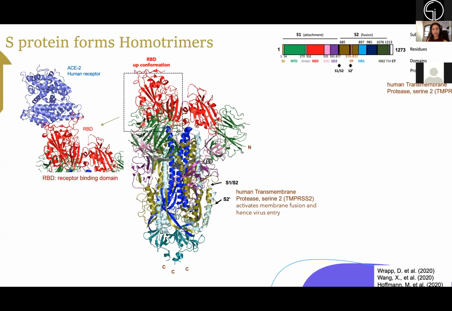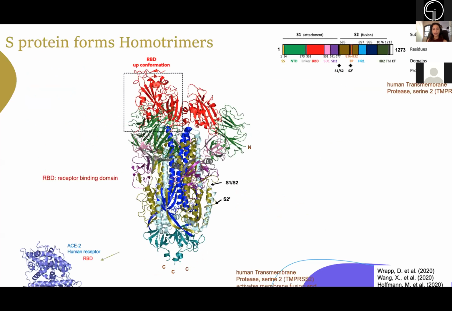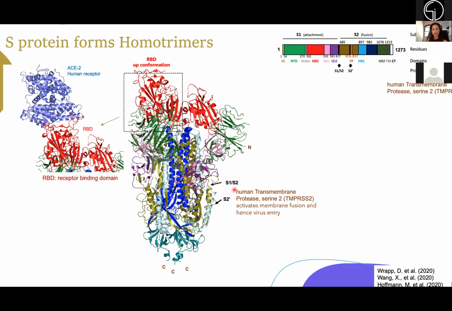So after the binding of the spike protein to human ACE2, these 2 protease sites shown here, S1/S2 and the S2 prime, located here in the structure, are hidden from the protease.